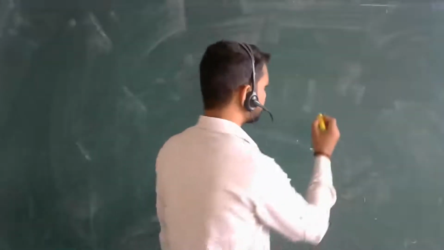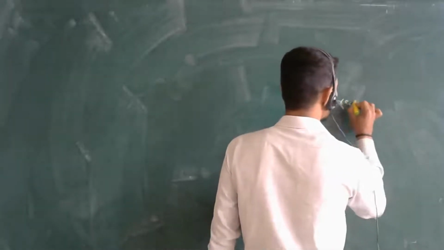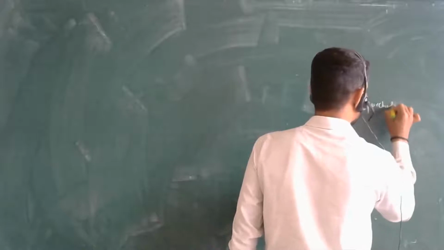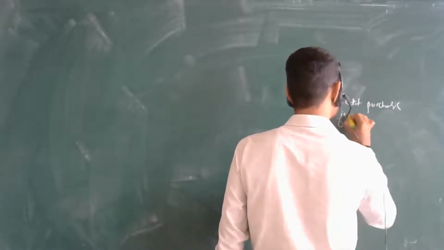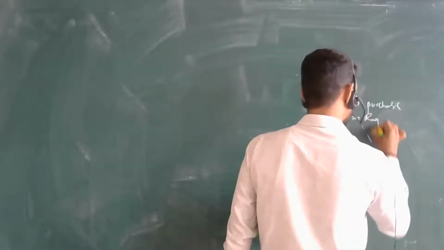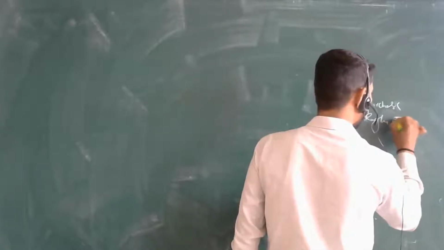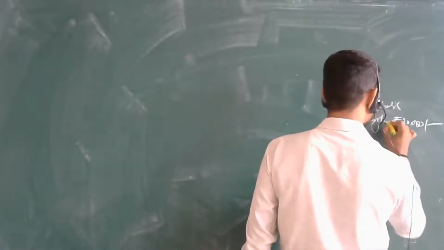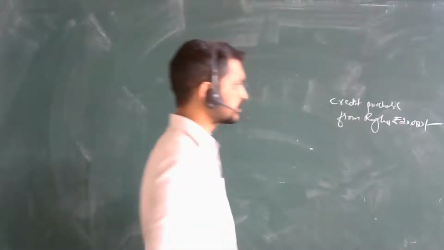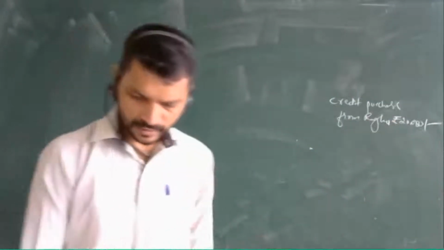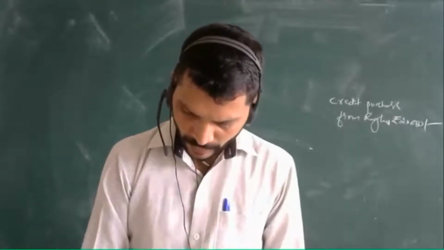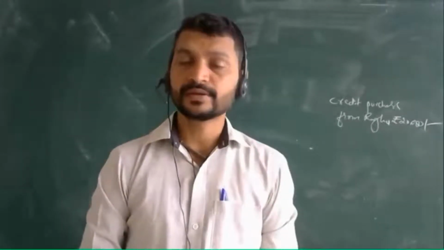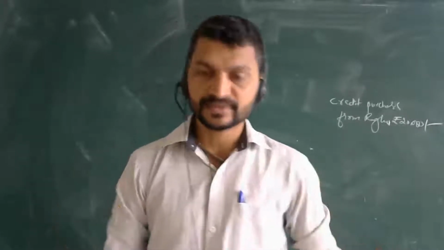So I will write: credit purchase from Raghu, rupees 20,000. This was the entry. Then here down they have given you nearly 10 errors.